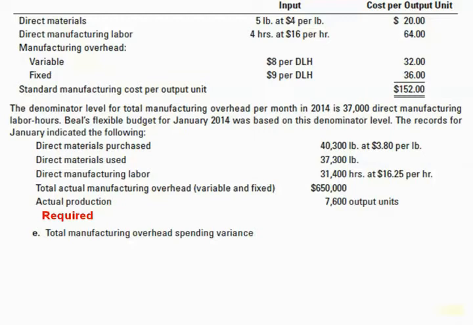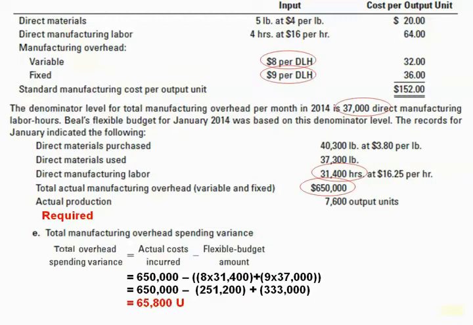Requirement number 5: calculate total manufacturing overhead spending variance. Total overhead spending variance equals actual costs incurred minus flexible budget amount for the fixed overhead and also for variable overhead.